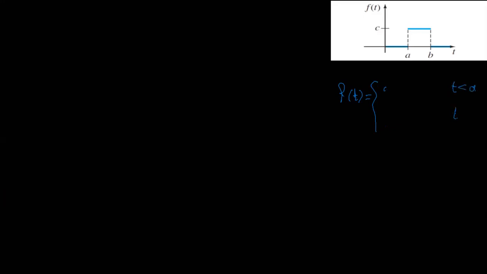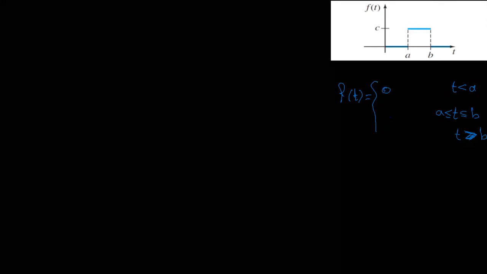Second, when t is between a and b. Third, when t is greater than b. No need for equal. If t is less than a, my function is 0. If t is between a and b, my function is c. If t is greater than b, my function is 0. I have a piecewise continuous function with 3 values.